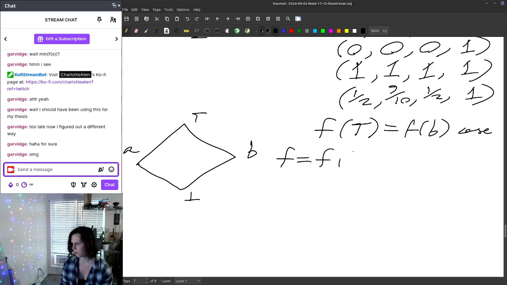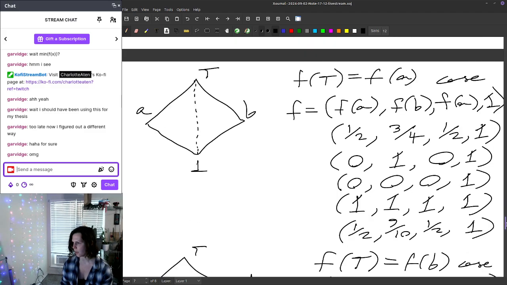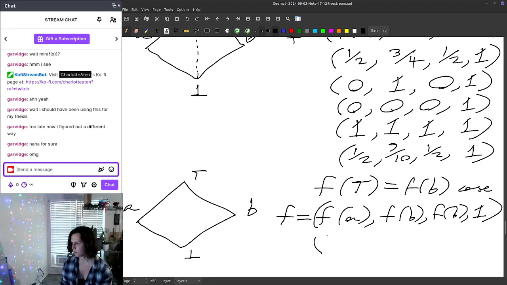We have to have f of a be greater than or equal to f of b, but then f of b and f of the top element are the same, and then this is still number 1. And so we have exactly analogous examples, right? Where we can do 3/4, 1/2, and then that has to be 1/2, and then that has to be 1.